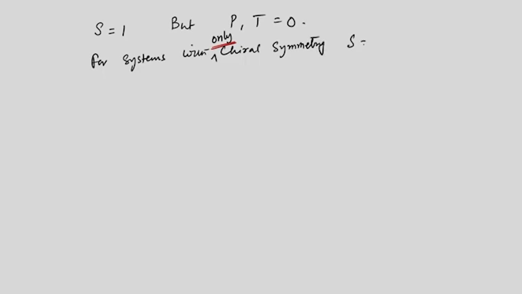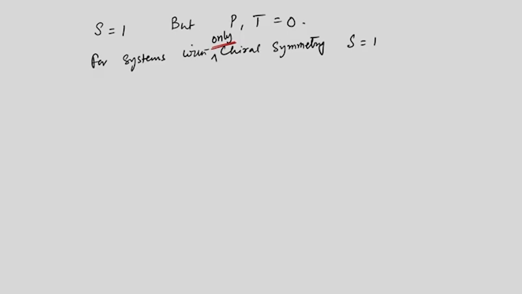So S is equal to 1. So that is the 10th type of system classification that we have. So we have all the 9 combinations that we have talked about, and the last combination is P equal to T equal to 0 and so on.